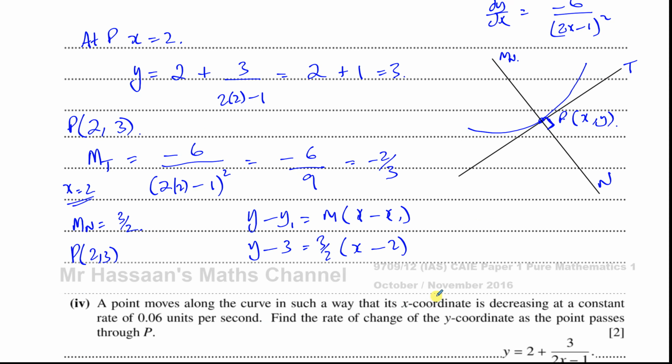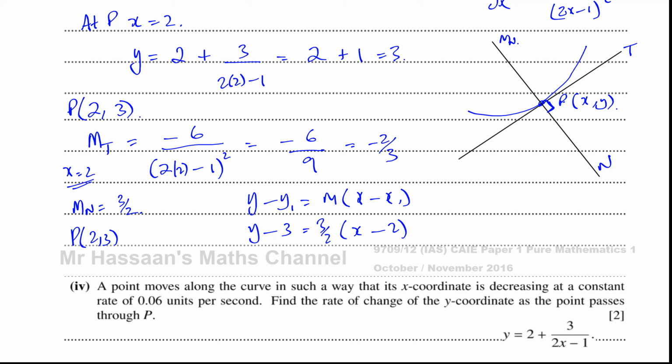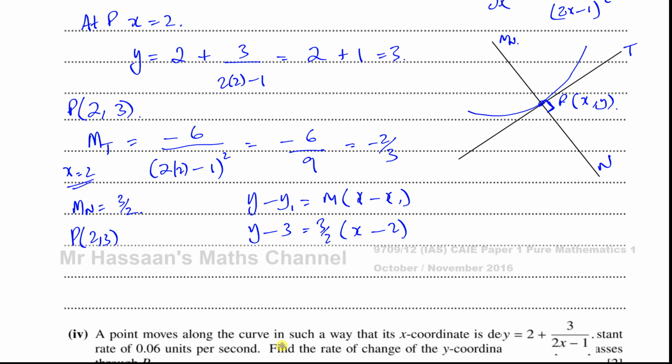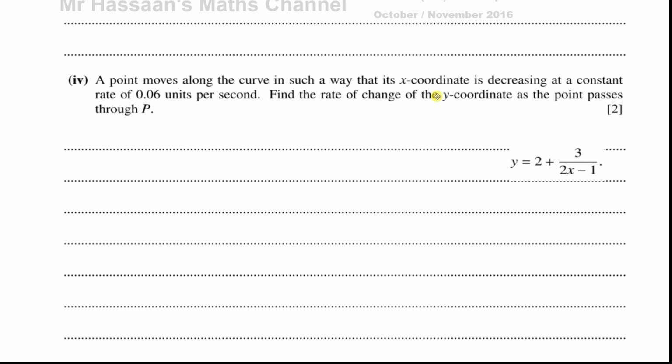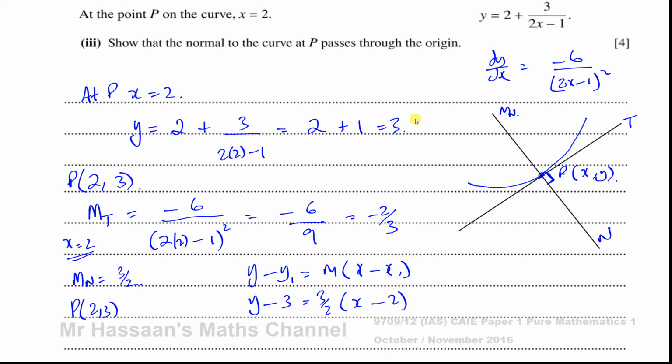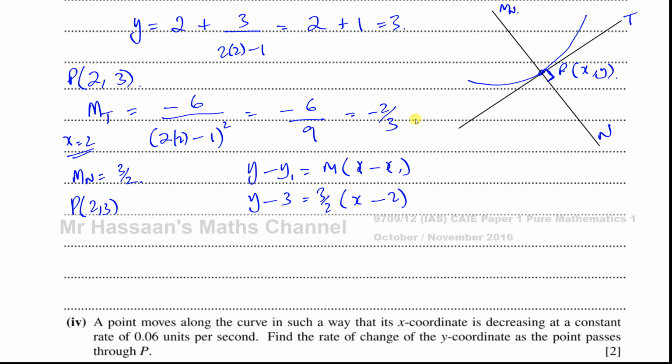Okay, so what will happen is, let me just make some more space here. Okay, so what we can do now is we can say that if we try to solve this, we have y - 3 equals 3 over 2 times x, which is 3/2 x, and 3 over 2 times -2. The 2's cancel, you're left with -3.